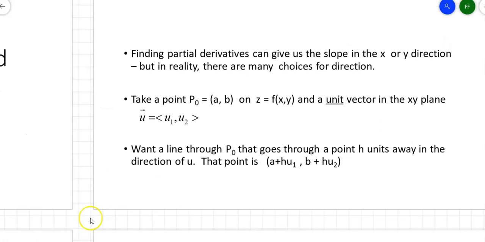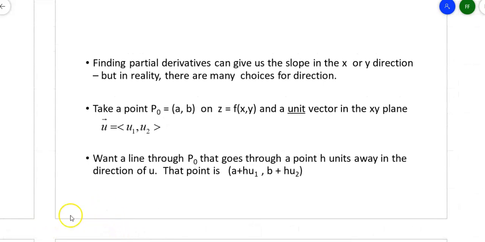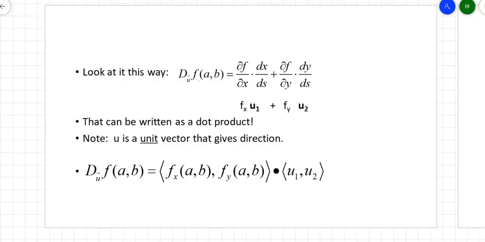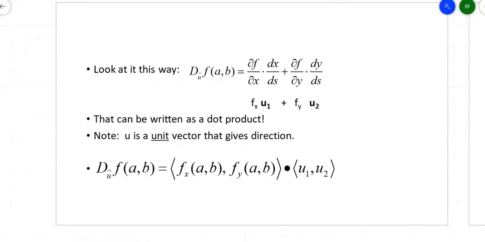So in the PowerPoint slides, I laid out the whole process, starting with a point and a unit vector and working your way through until you come up with the directional derivative. So this thing here is the directional derivative in the direction of u, where u is some unit vector, and the fact that it's a unit vector is important. You end up with a couple of things. The AB is a point.